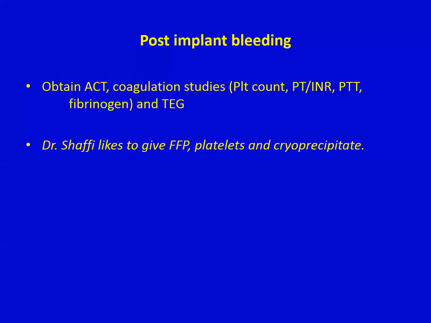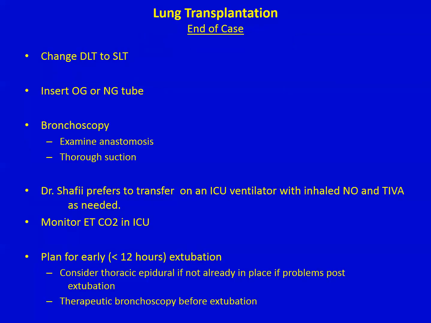After implant, there may be continued bleeding, and therefore it's important to obtain appropriate diagnostic studies and have blood products available. At the end of the case, you should change the double lumen to a single lumen, insert an OG or NG tube, conduct bronchoscopy to re-examine the anastomosis, and apply thorough tracheal toilet.